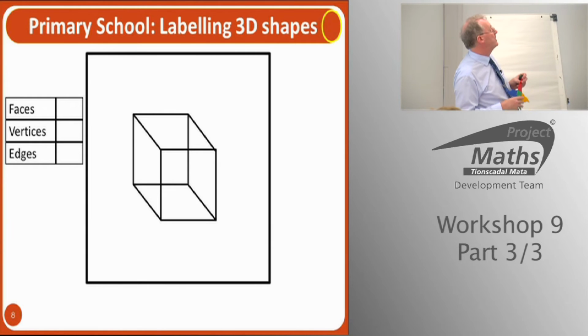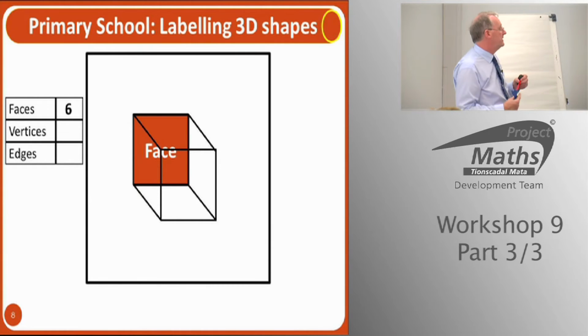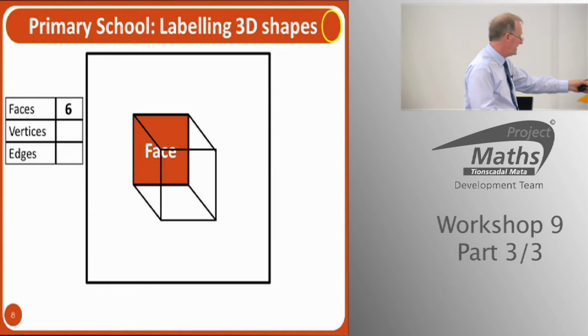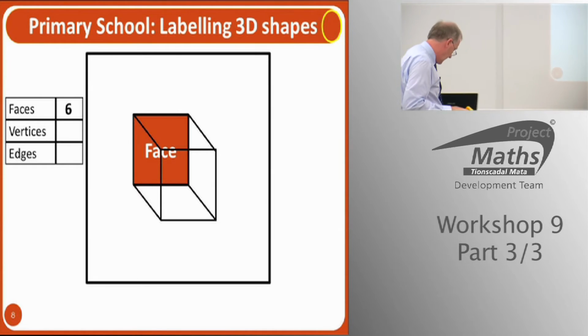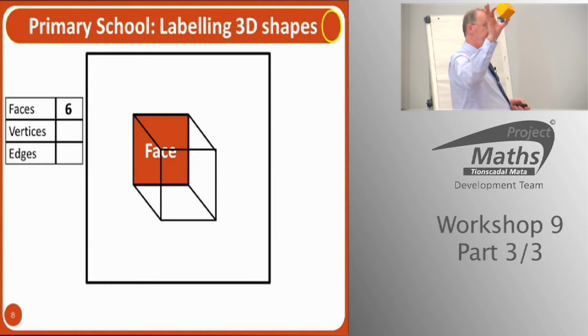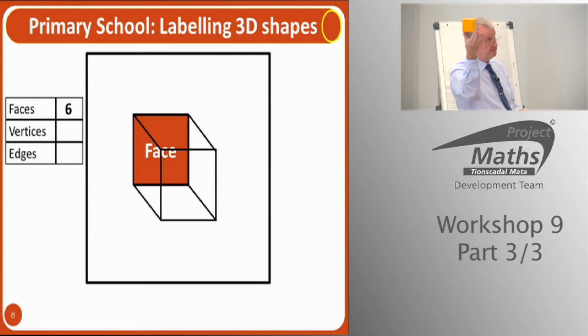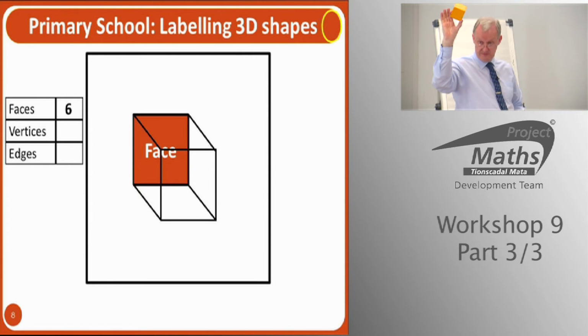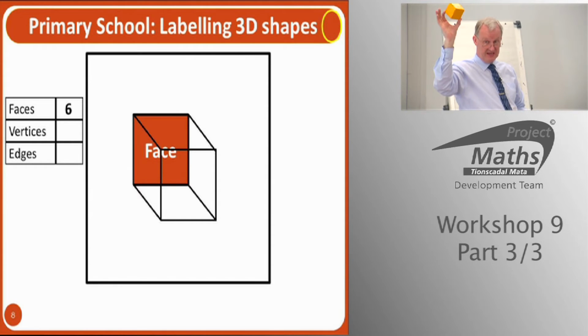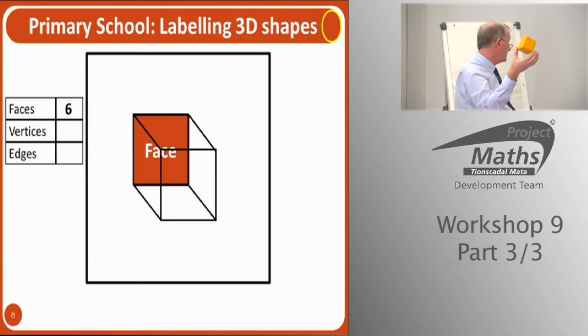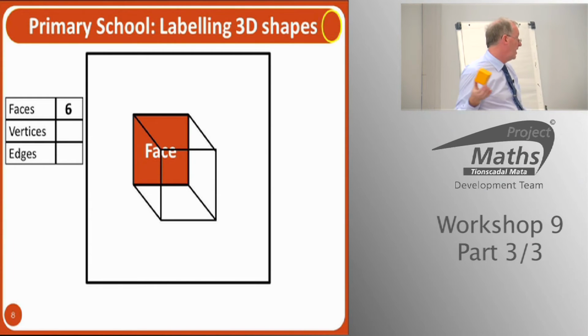So things like looking at, say, a cube, they certainly should be able to identify the number of faces on a cube. How many? The number of vertices on a cube, how many?